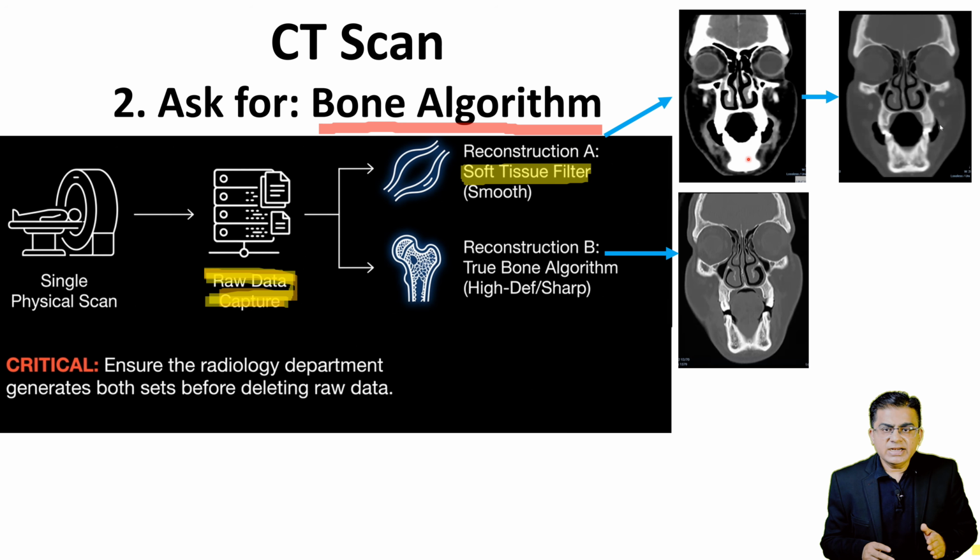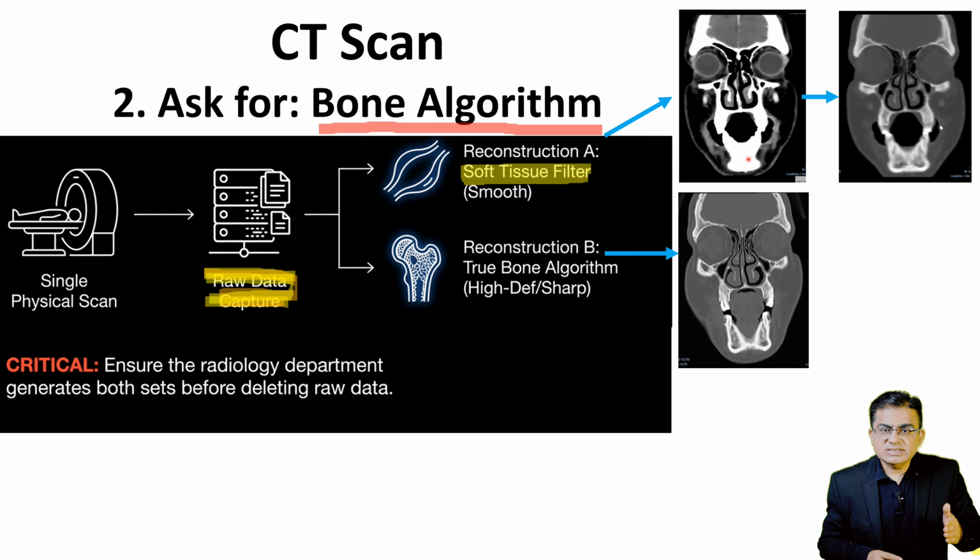If you fail to write "include puffed cheek and bone algorithm reconstruction" on the order, the raw data will be deleted in the next 24 hours. Technicians are often instructed to avoid generating massive files that overwhelm PACS server storage unless clinically justified. So they will take the CT scan in soft tissue algorithm and send those images into PACS.